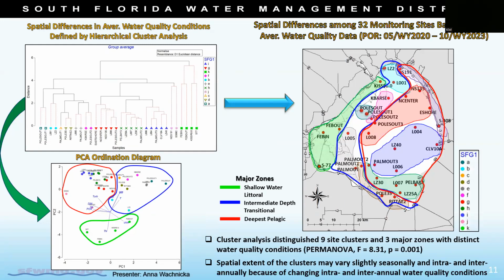The community structure and the toxin dynamics are governed by different water quality conditions in those different regions of the lake. The same factors do not influence communities the same way in those different regions. So it's a very complex system, and it's a very dynamic system.